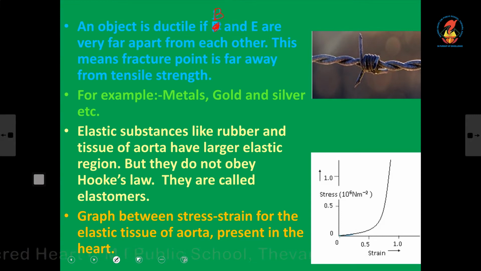So just write that B and E are very far apart from each other. This means the fracture point is far away from the tensile strength. Then the material will be ductile.